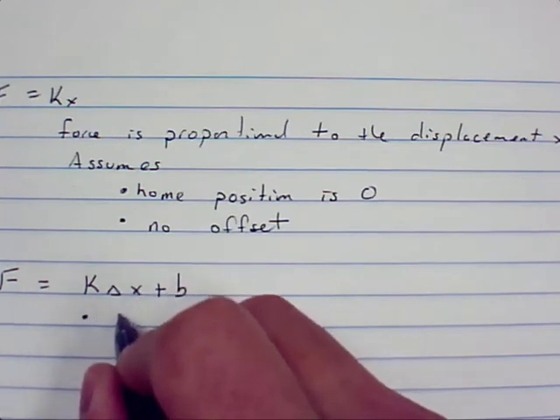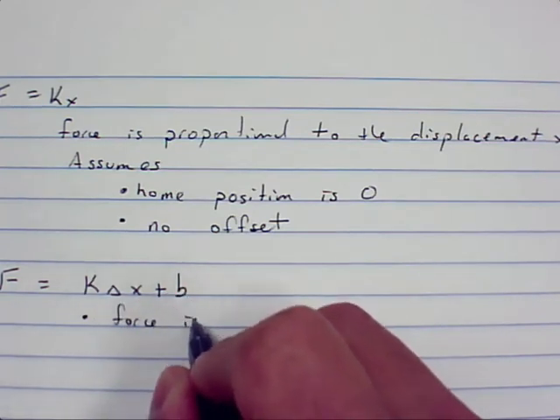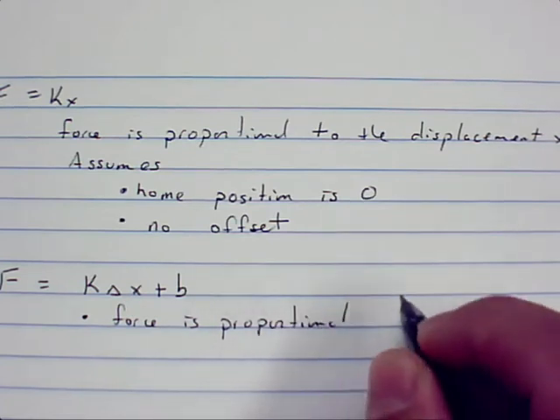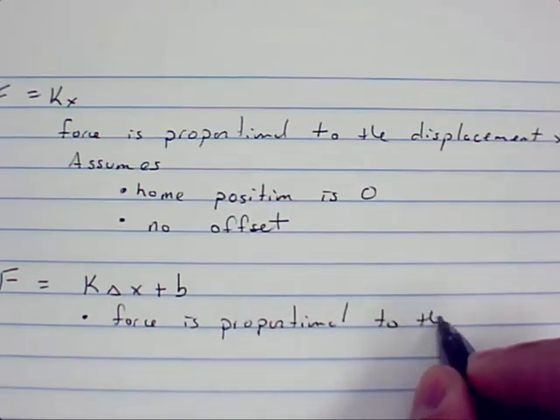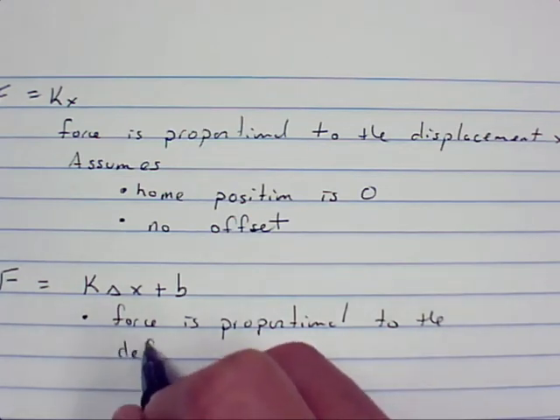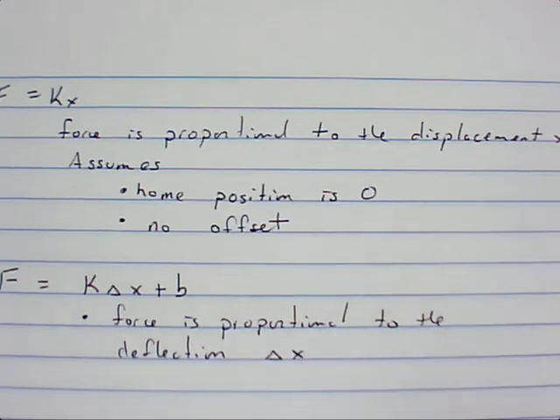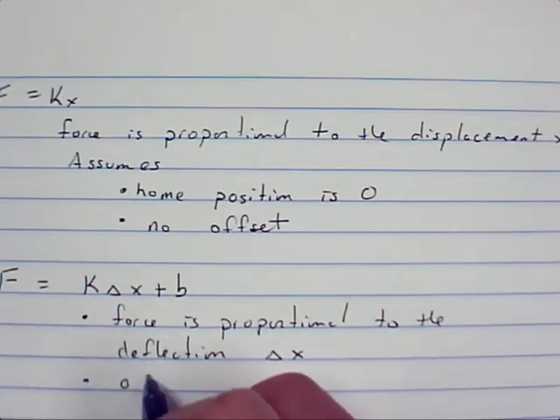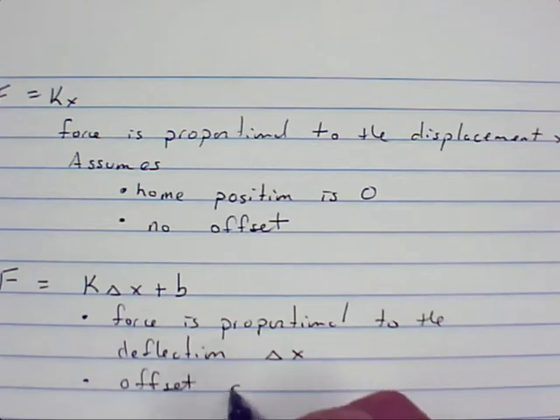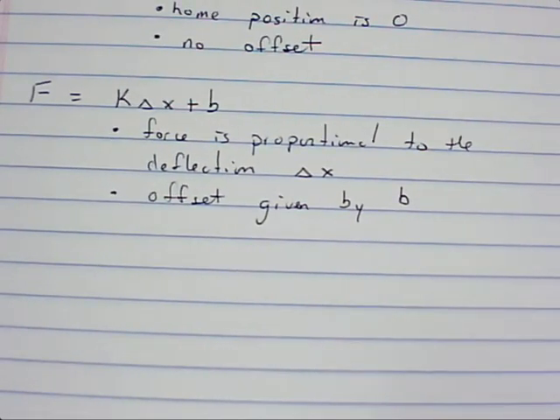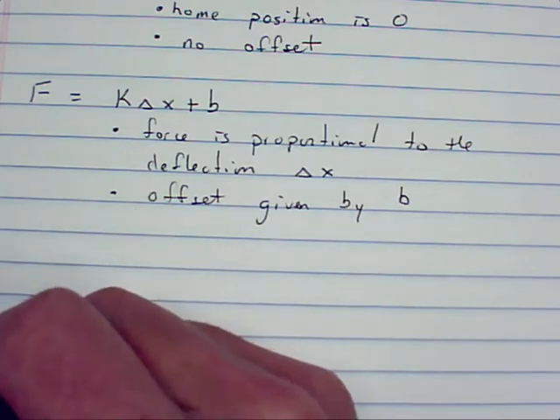This says that the force is proportional to the deflection delta x, and there is an offset given by B. This is a linear equation.